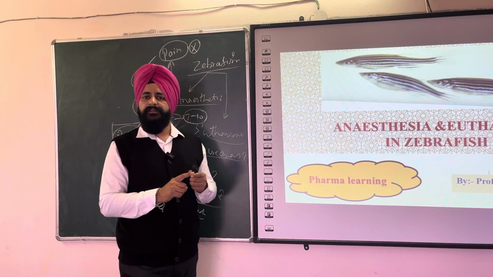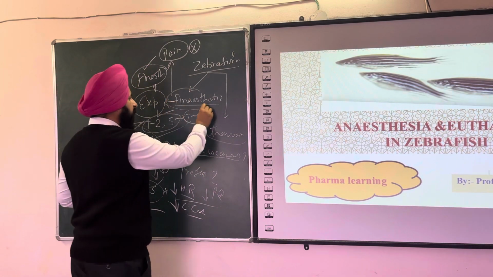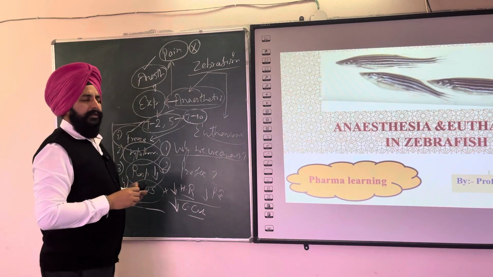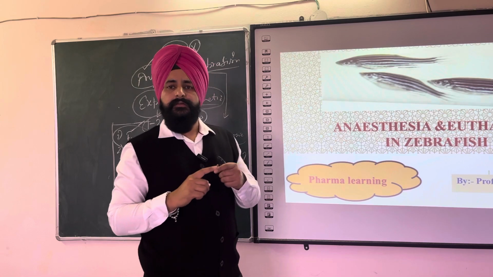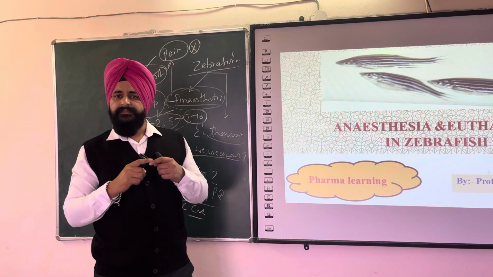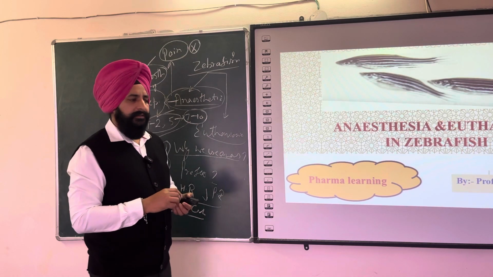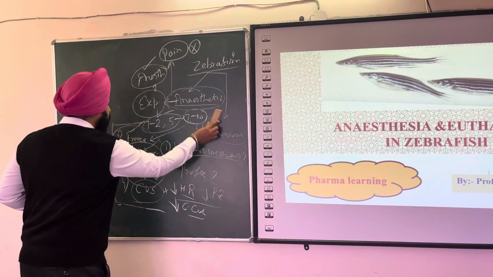So whenever you choose any anesthetic in the zebrafish, take care which type of experiments you are going to perform, because these anesthetics can interfere with the behavior of the zebrafish. How they can interfere, I will discuss.